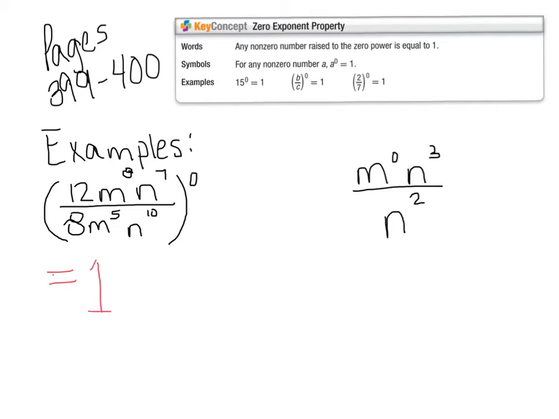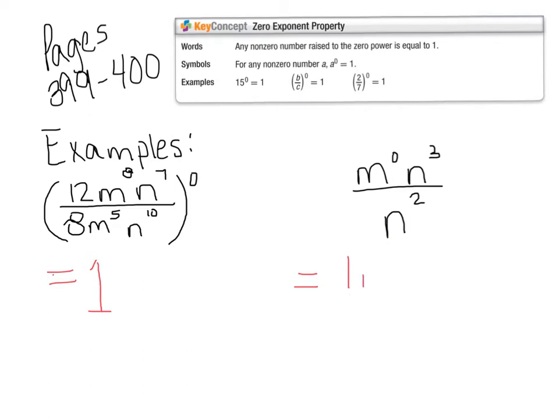Okay, let's look at your next problem. We have m to the 0, which we know from this example, anything raised to the 0 power is 1. So m to the 0 is 1. Then I have that rule with the n's where I have an n to the third power in the numerator and an n to the second power in the denominator.